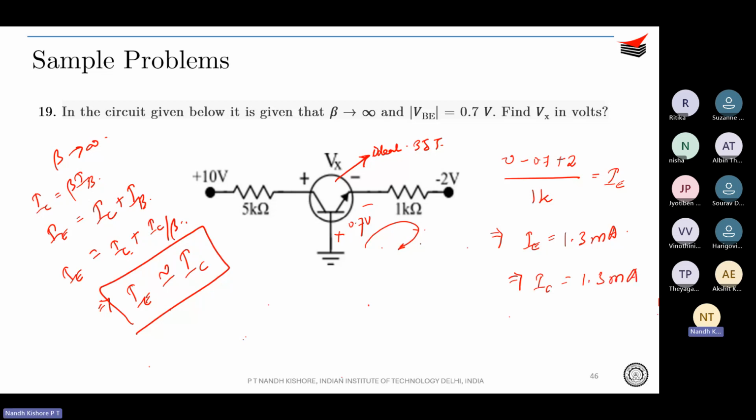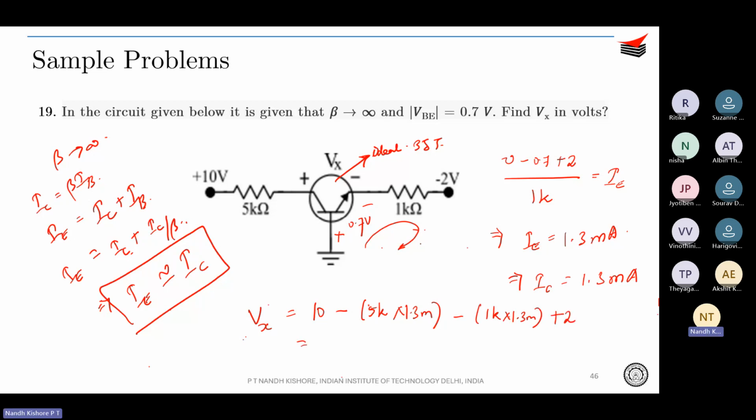Okay. Now you know what your IC is, you know what IE is, you can find out what Vx is, right? So what is Vx? Vx is 10 minus 5k into IC. IC is 1.3 milli, minus 1k into 1.3 milli plus 2, right? Just KVL.